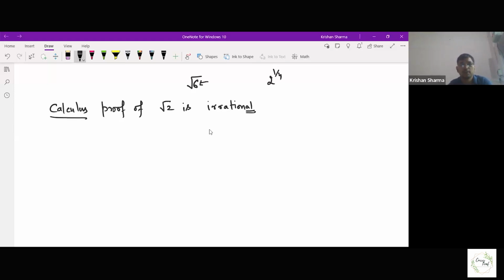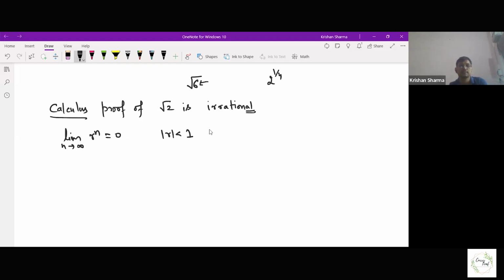You don't need many things from calculus. All you need is that the limit of r raised to power n, as n goes to infinity, is equal to 0, where mod r is less than 1.